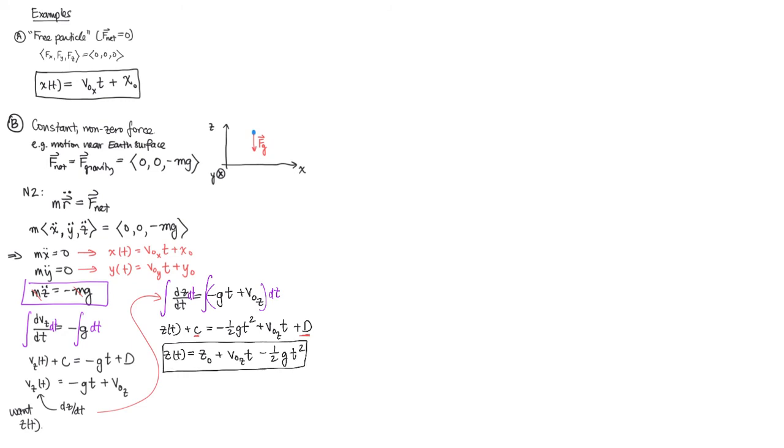And we could have solved this generically for some constant acceleration a, in which case we would have had plus 1/2 at squared. In this case, the acceleration a in the z direction is minus g. Okay, so this is no surprise. We've seen this before. This is the basics of kinematics under constant acceleration in one dimension, and we see the familiar projectile motion result.